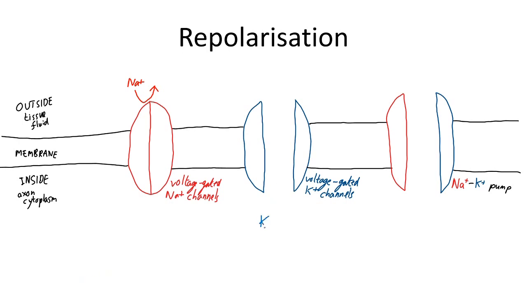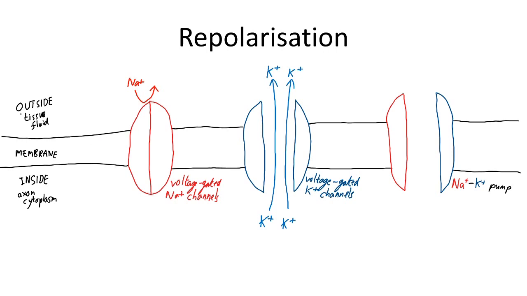So potassium ions from inside the axon move out down both their chemical and electrical gradients. So this takes with it obviously positive charge because potassium ions are positively charged. So this is reducing the membrane potential. It's getting more and more negative back down towards the resting potential.